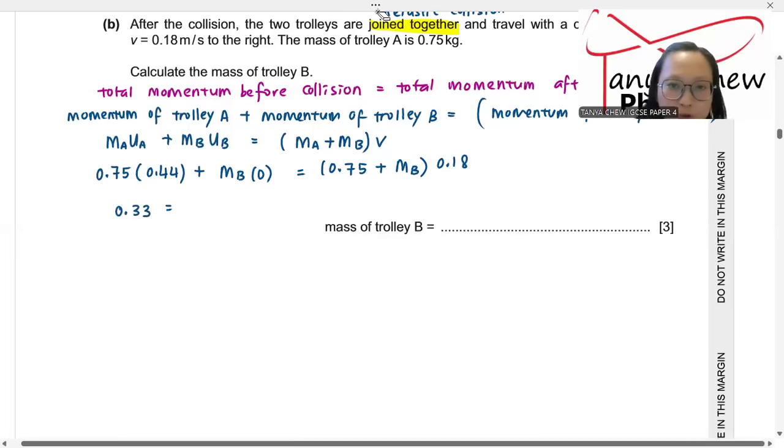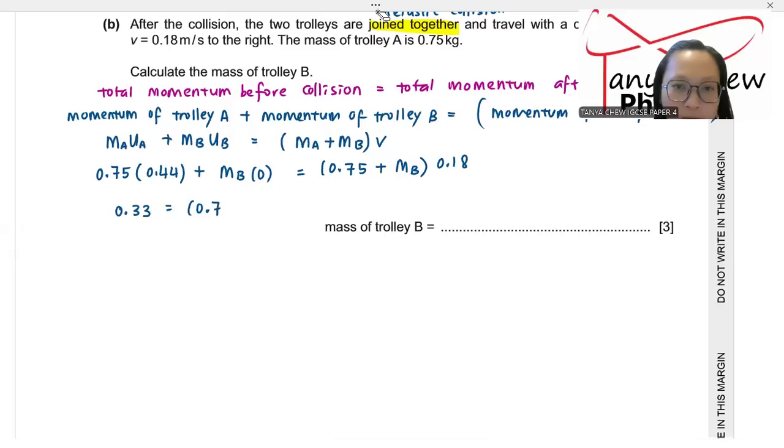If you want things to be easier, I will teach you the fastest way. Actually, you don't have to multiply 0.18 with 0.75 and with MB, no need. All you need to do is put 0.33, and straight away divide by 0.18, equal to 0.75 plus MB.